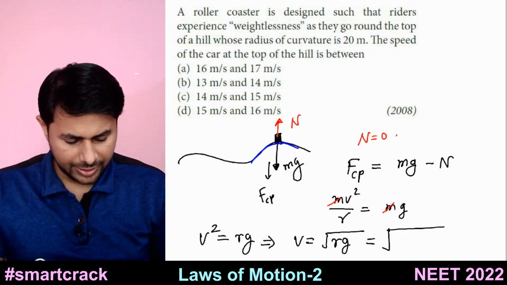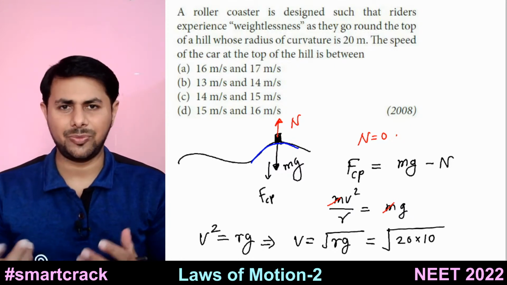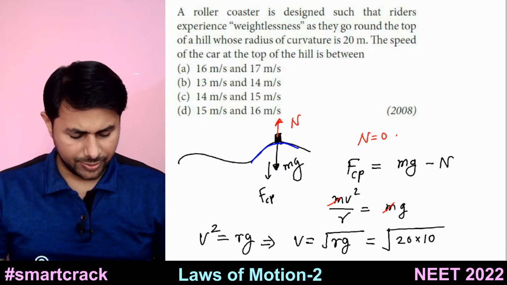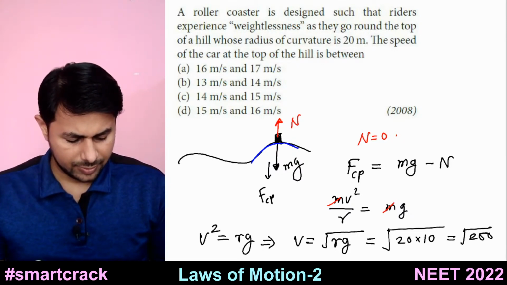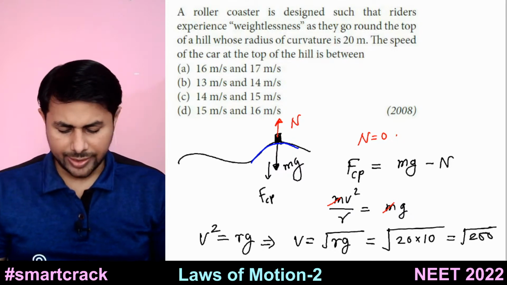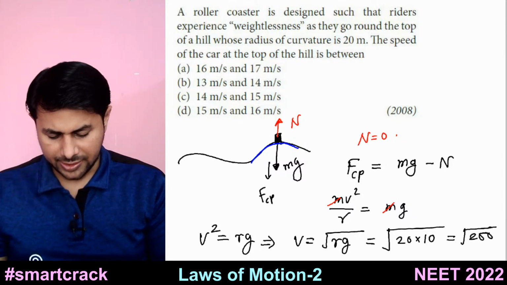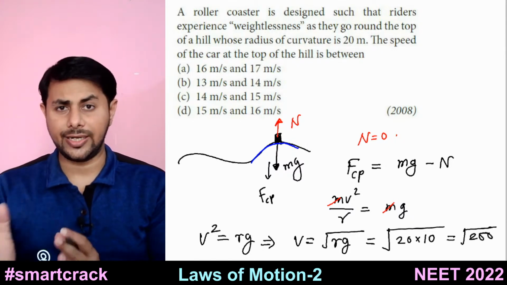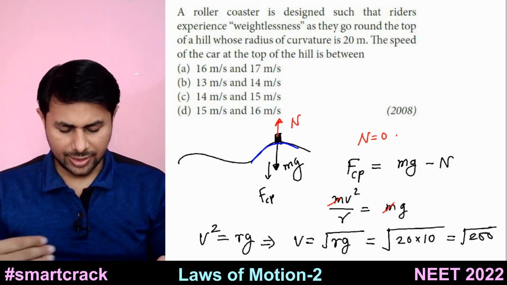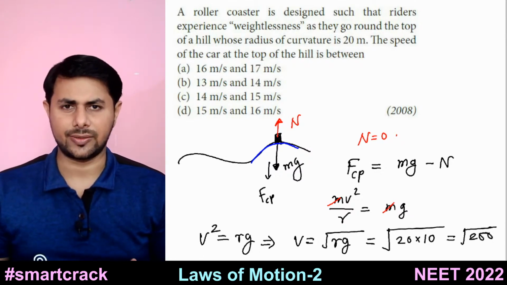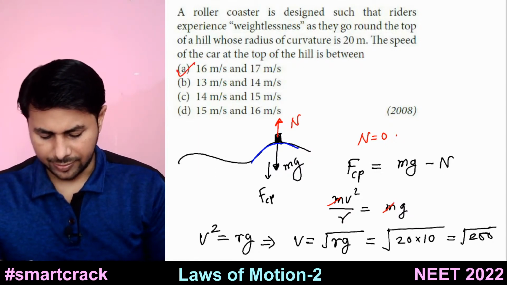We get 20 times g, which is close to 10, it's 9.8. So it will be square root of 200. And what is the square root of 200? Square root of 196 is 16. So this speed will be more than that, but less than 17 meters per second. So option A should be the answer.